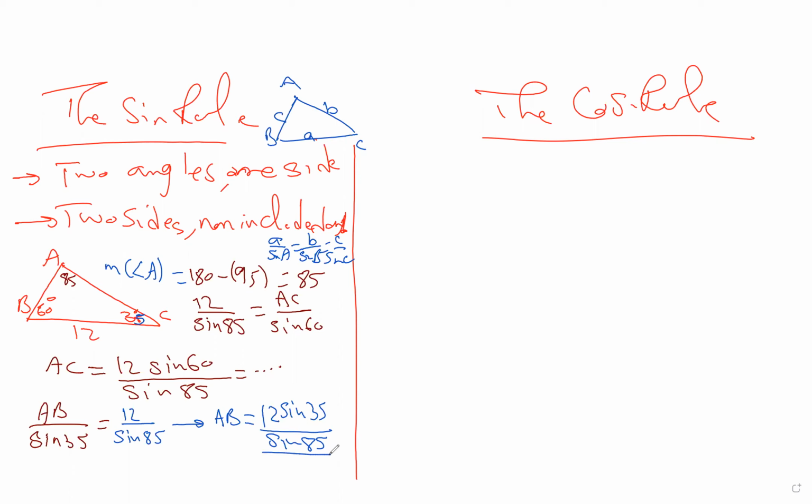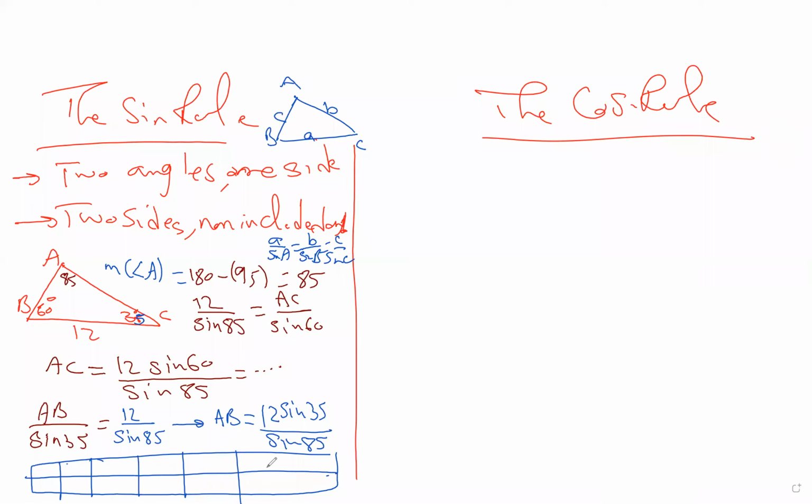And you can complete this triangle by writing the items that you have got: sides A, B, C, angle A, angle B, angle C. You can find them.